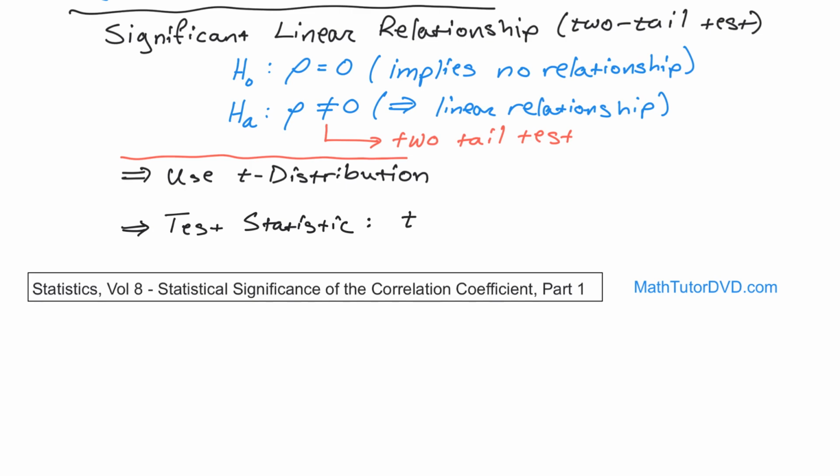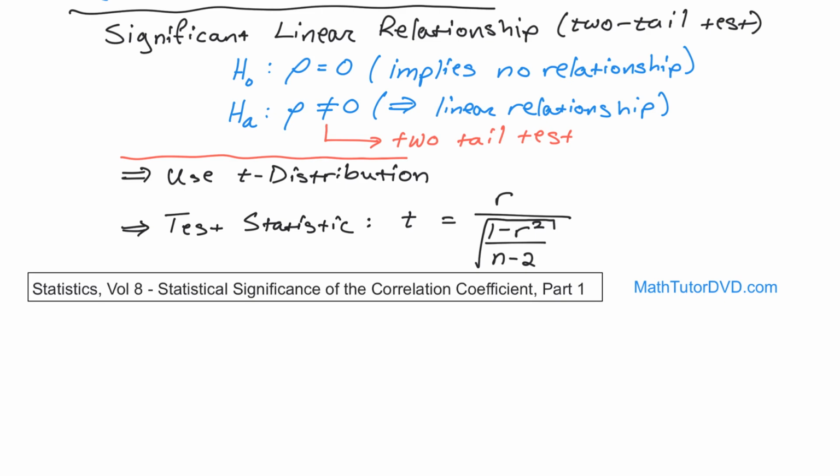It's the t-distribution, so your test statistic is a t, and it equals r divided by a giant square root of 1 minus r squared, divided by n minus 2. That's going to be your test statistic.